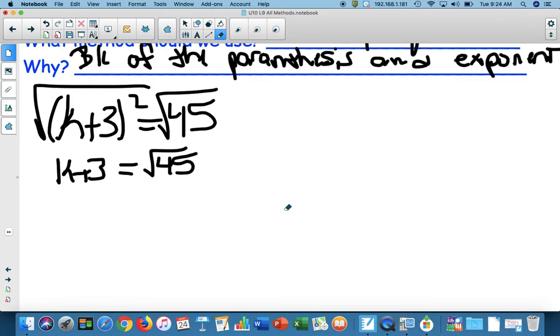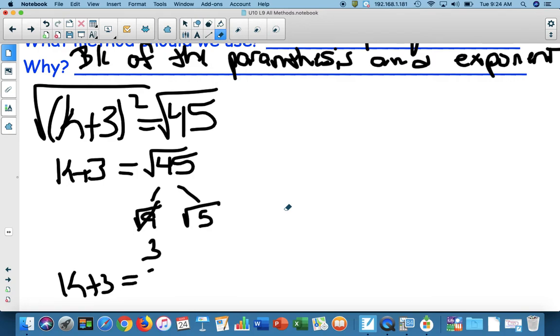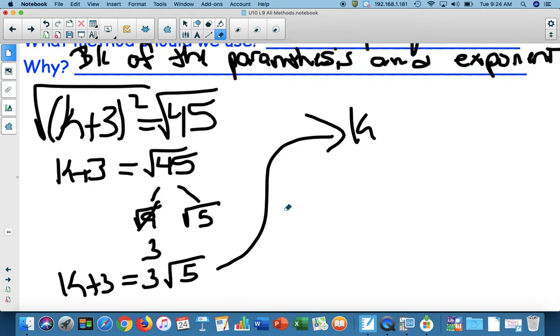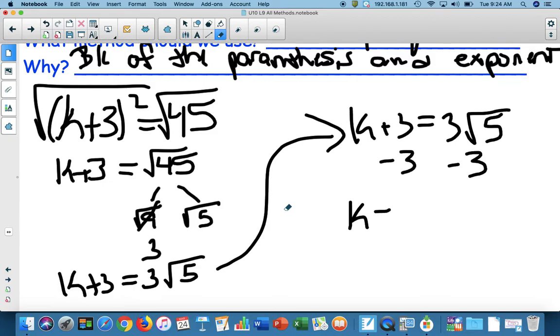All right, now we break down our 45 to 9 and 5. Square root of 9 is 3. So we have k plus 3 equals 3 radical 5. And then our last step, subtract 3 to both sides. And don't forget your plus minus.